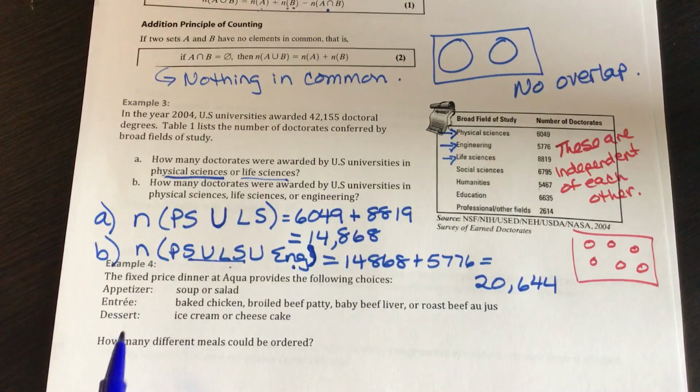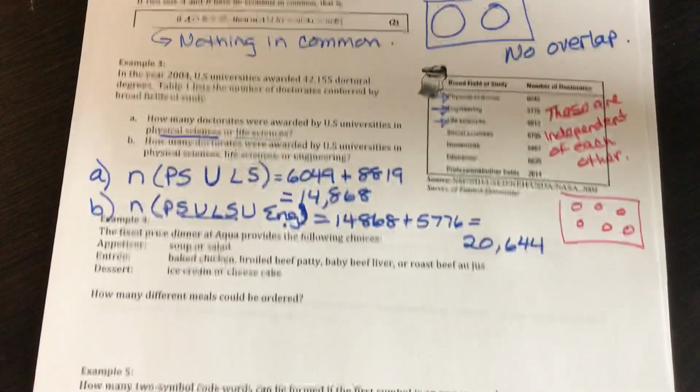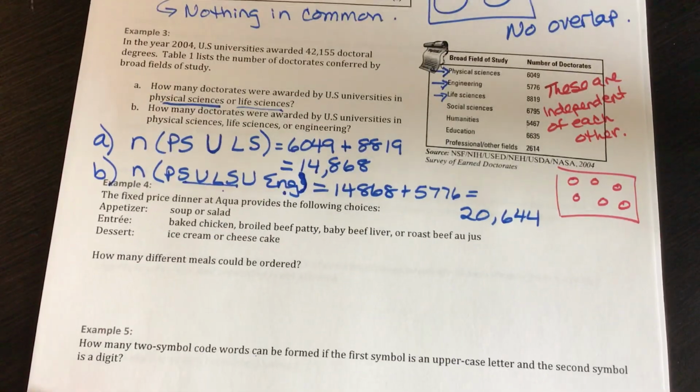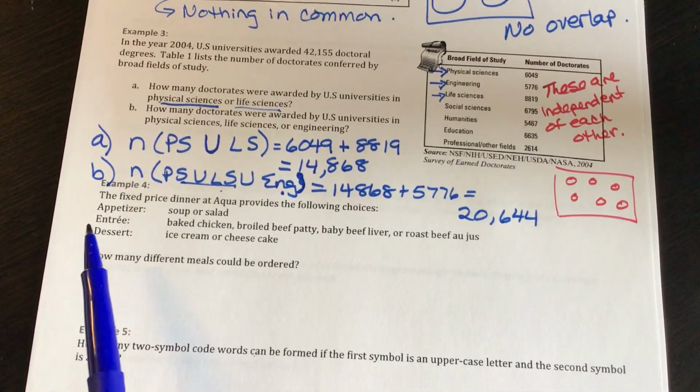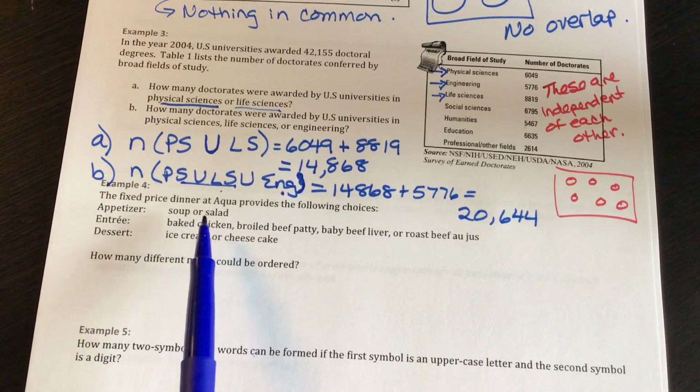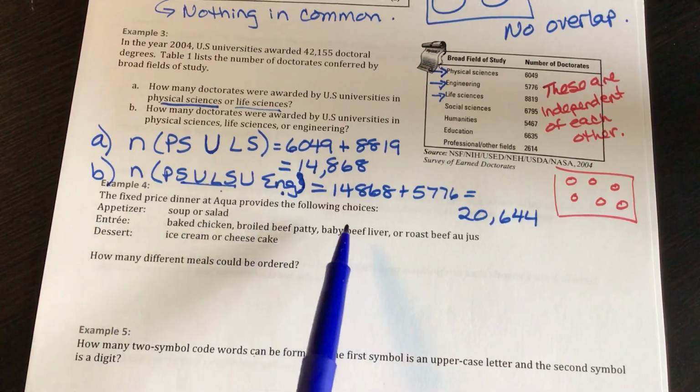And here's another example of things that are kind of independent of each other. You've seen examples like this used a lot throughout your years of math. Here we have a fixed price dinner at Aqua that provides the following choices.